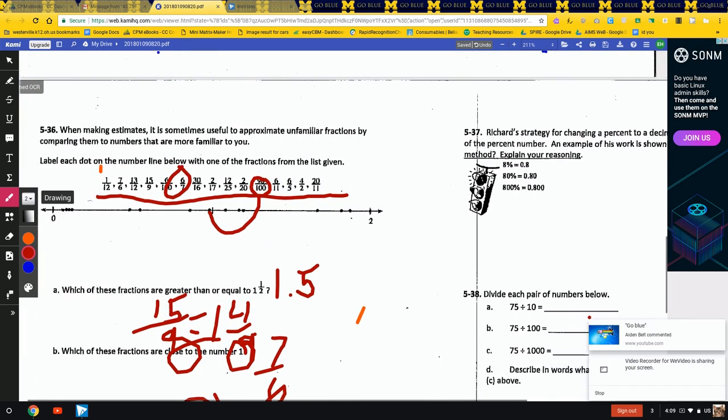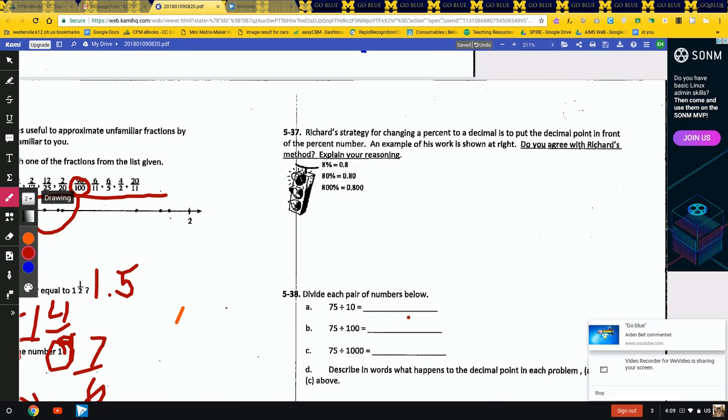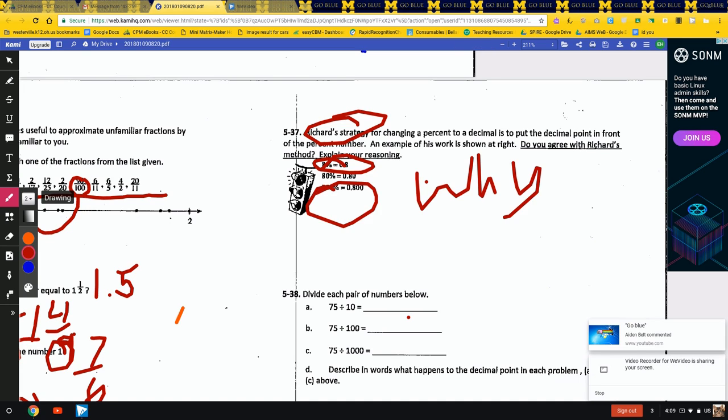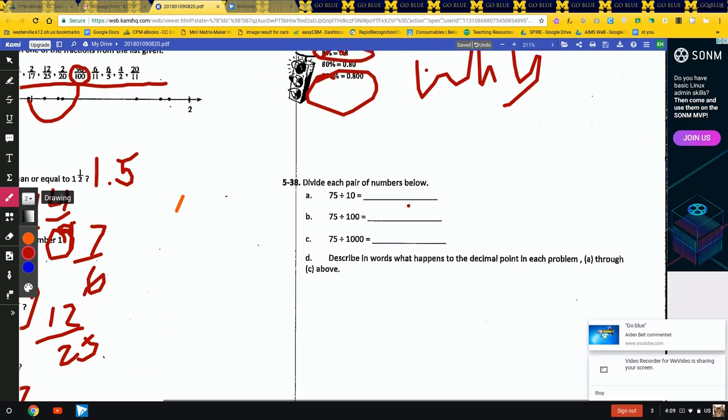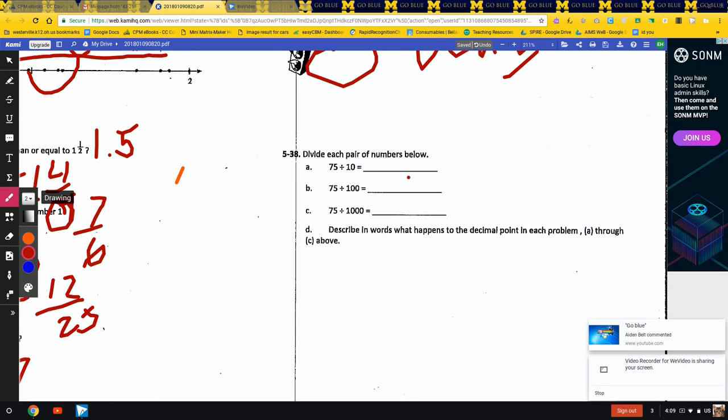And then coming over to the last problem here, you read his strategy. You let us know if you agree with his answers. If you do, say why he's correct, and if he's wrong, explain what he's missing. And then the last part here, we're dividing each pair. Simply divide them.